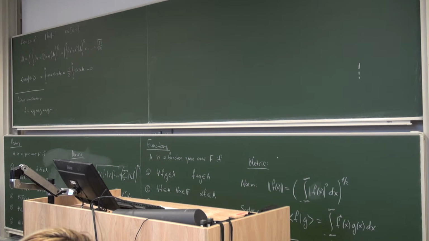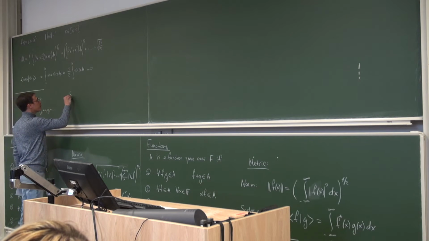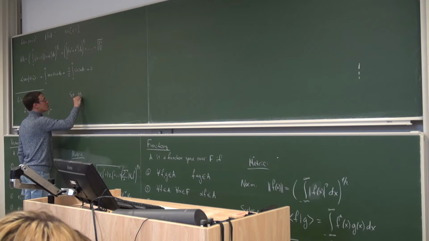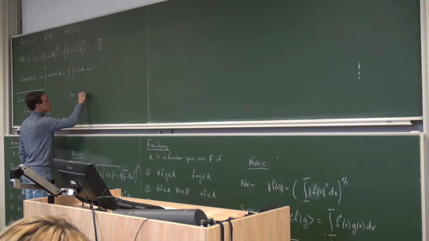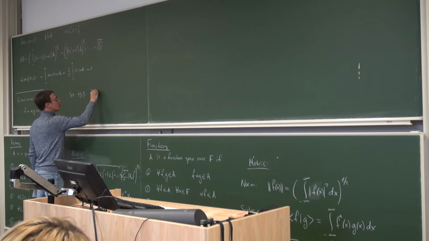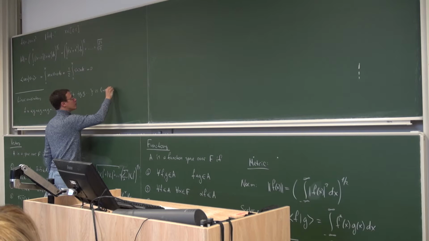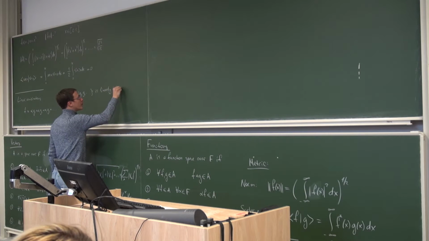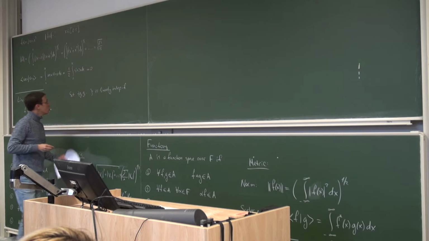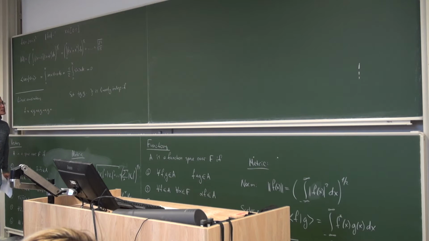Much like we had it with the vectors, there can be linearly independent and linearly dependent sets of functions. So a set G1, G2, and so on is linearly independent if no function in this set can be expressed as a linear combination of the others.